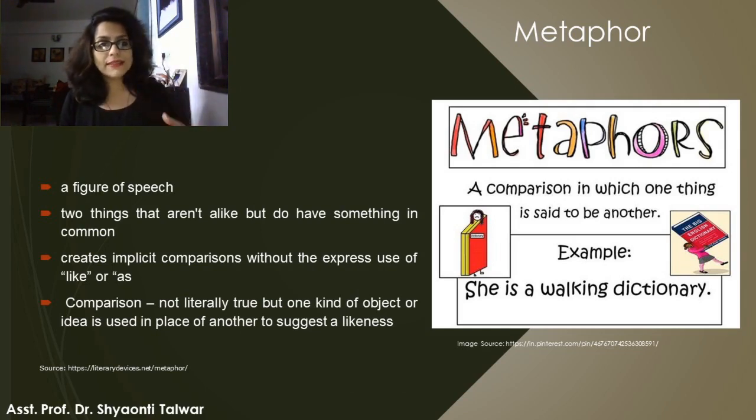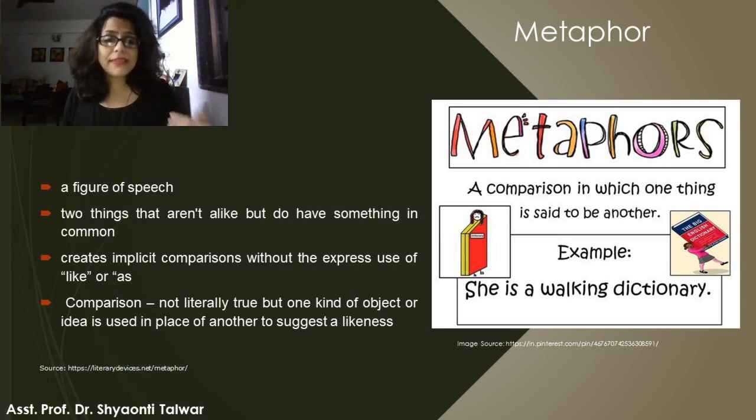On the other hand, in the case of a metaphor, we might say something like she's the morning sun or she's the rose, where the comparison is embedded. We are not using any grammatical words, and the unique element about a metaphor is that two things that are often unlike but may have something in common are compared.